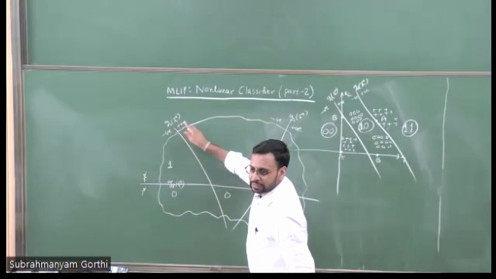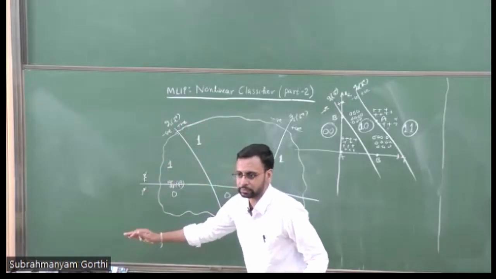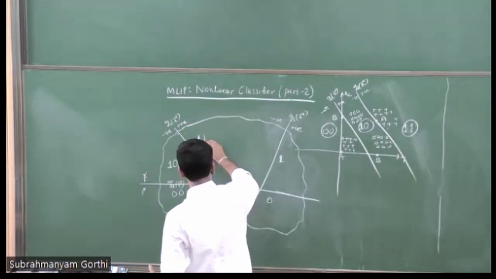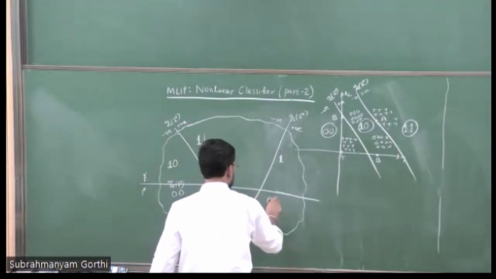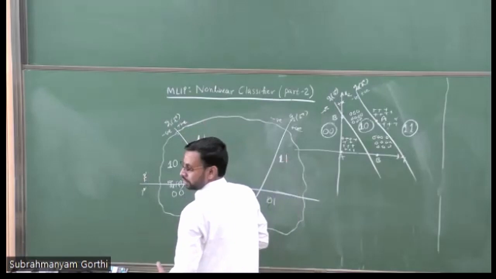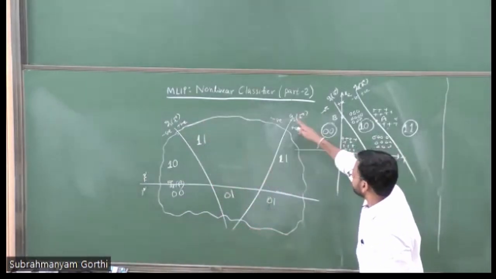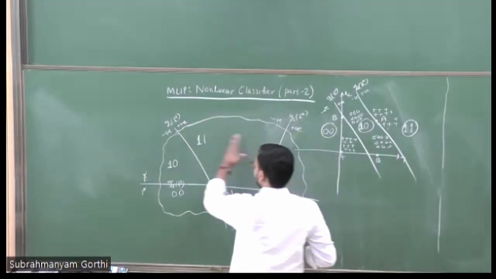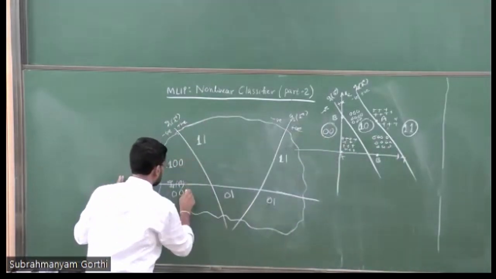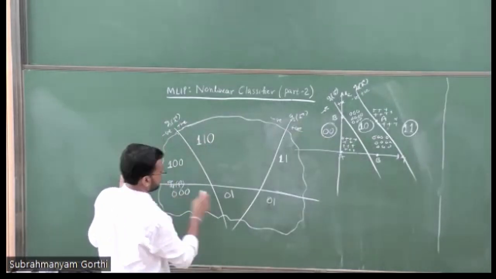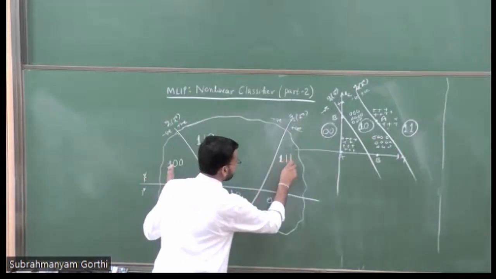G2 of x, this side it is negative. So this is 0, 0. The rest is 1, 1, 1, 1. G3, where is my G? Yeah, this is G3. This is all negative. So this is 0, 0, 0. This is also 0. And this is 1.